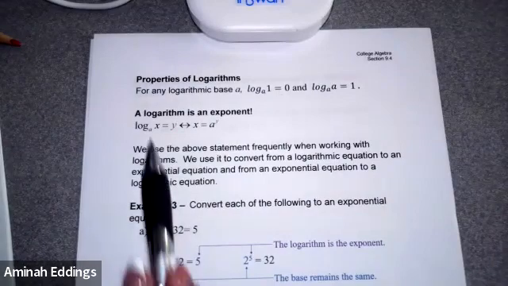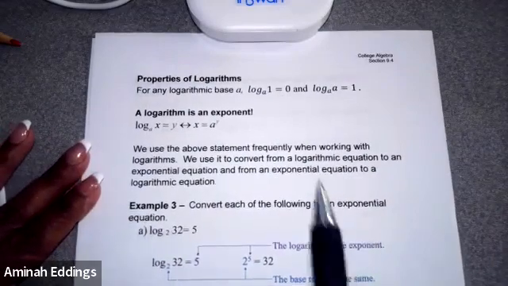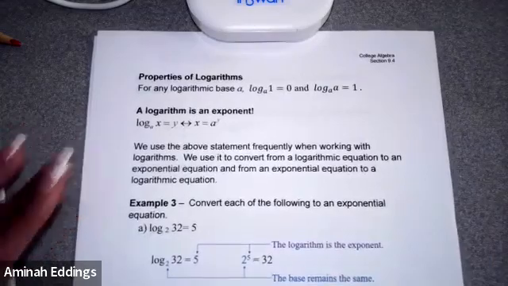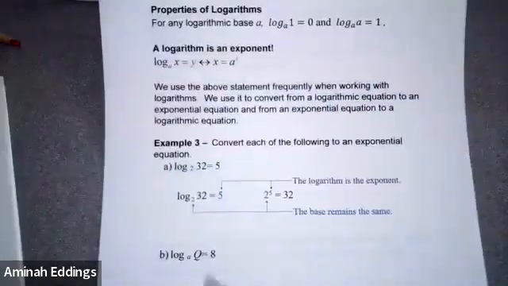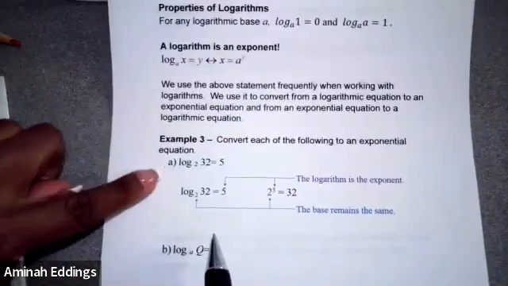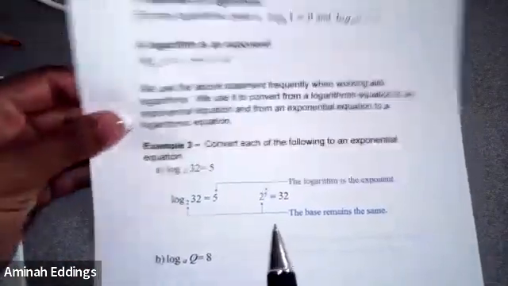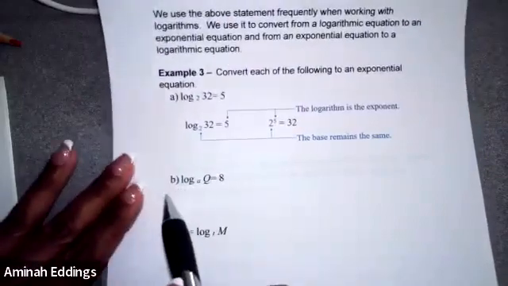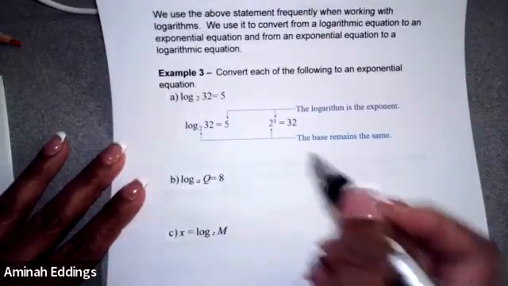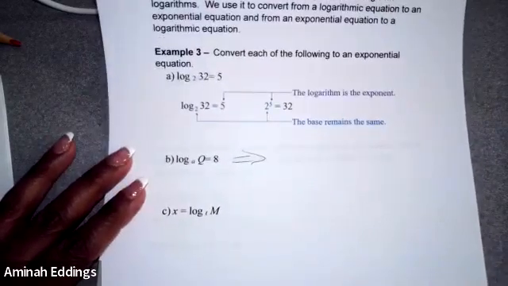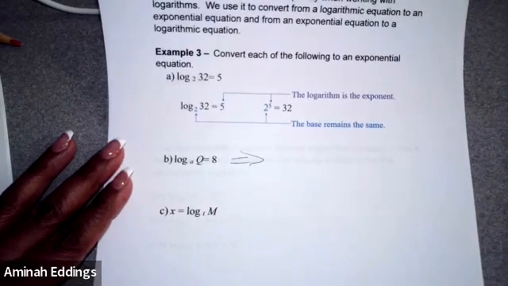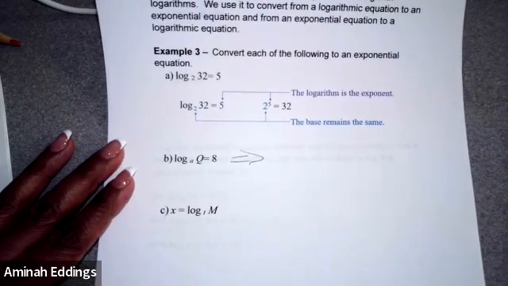All right, so we've already talked about taking a logarithm and putting it into exponential form, okay? And so A is done for us. Let's look at B. How would I put B into exponential form? I need to begin with what? What's my base?